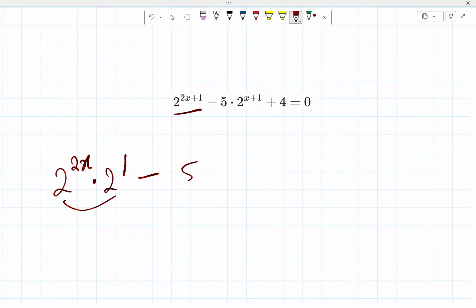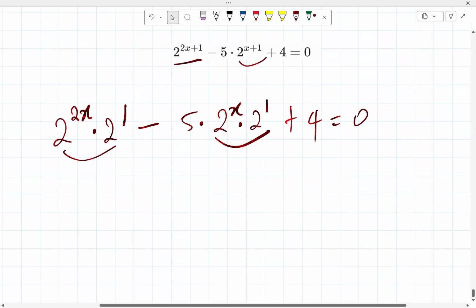Then minus 5 times 2 raised to 2x, times 2 raised to the power 1. These two will give me this. And this is plus 4 equals 0. So this is a bit trickier, but no worries.